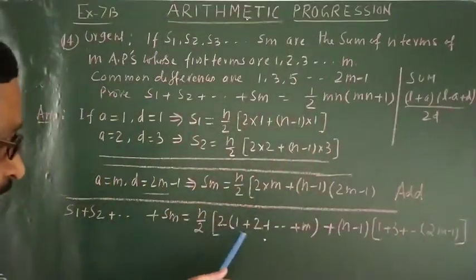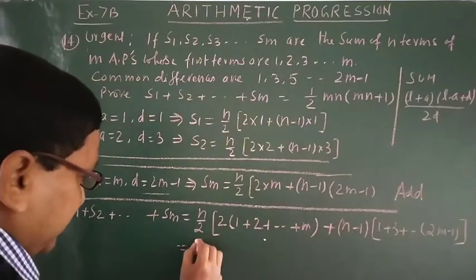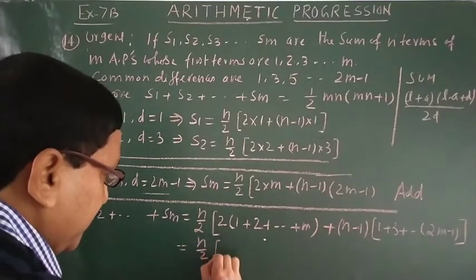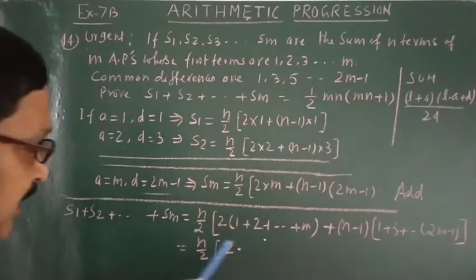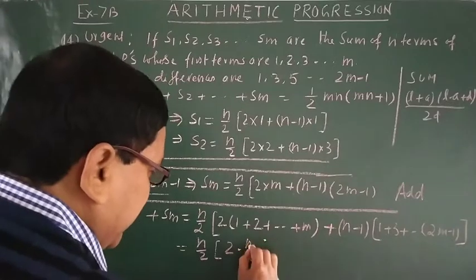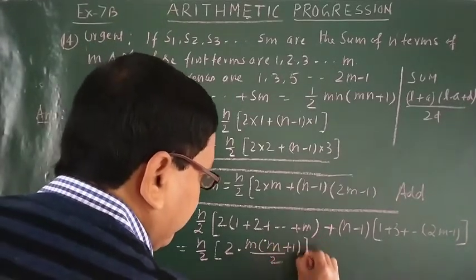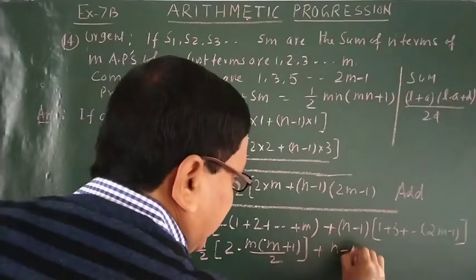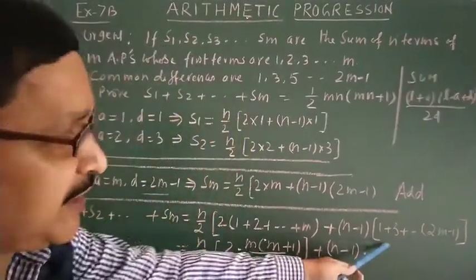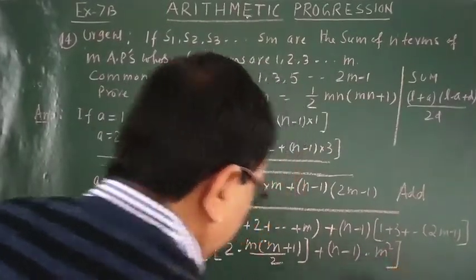By using this, we can find the sum easily. So this is n by 2, and if the sum is calculated by this formula, this will be m into (m plus 1) by 2 plus (n minus 1), and this will be simply m square.